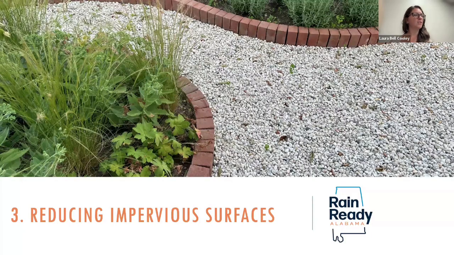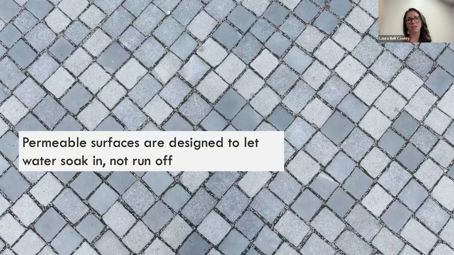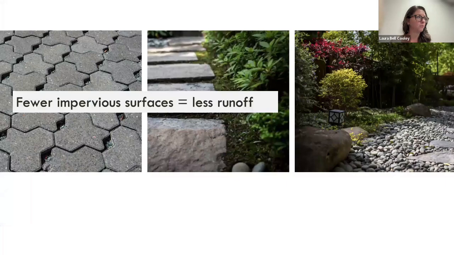Okay. So reducing impervious surfaces. This can be an important part of overall helping slow that volume of water and thinking about ways to spread it out and let it sink in to your landscape. So permeable surfaces, like I touched on earlier, they're designed to let that water soak in and not run off as most pavement would.